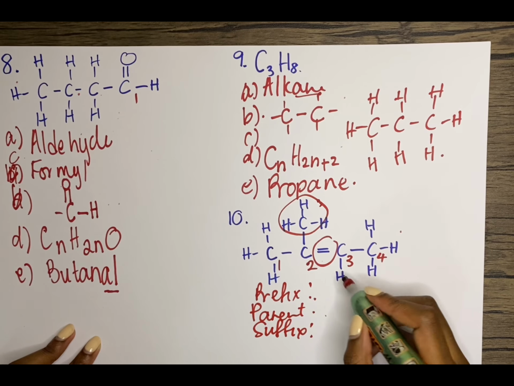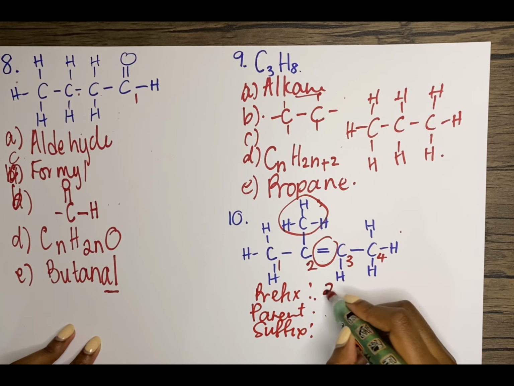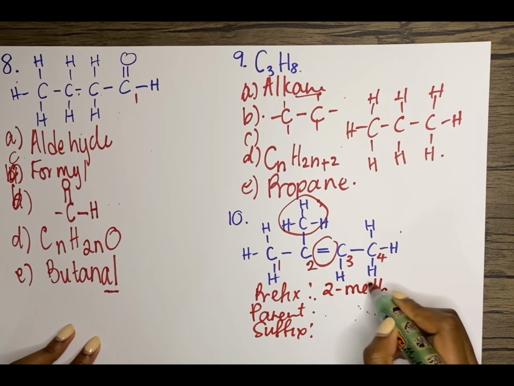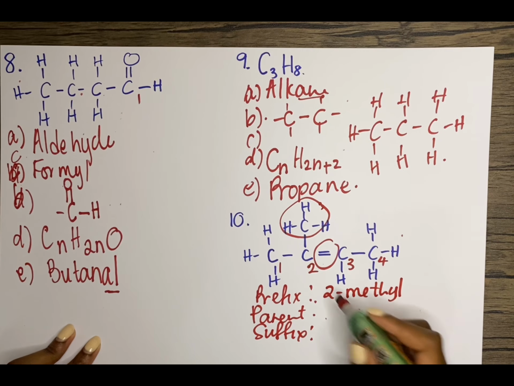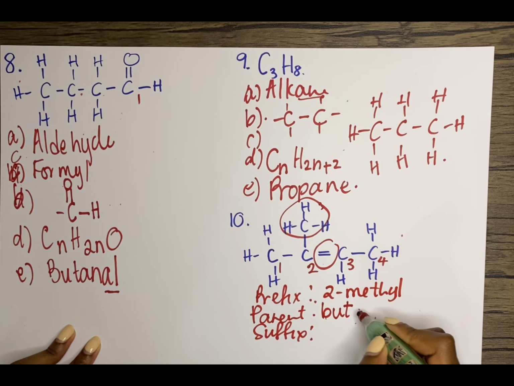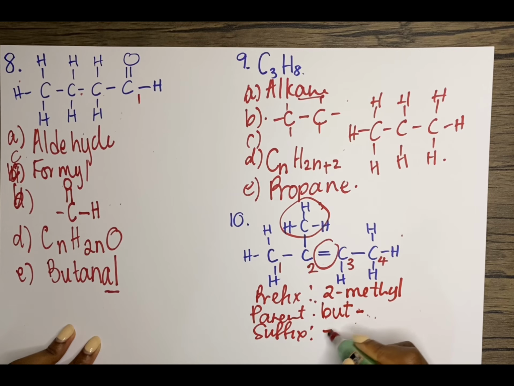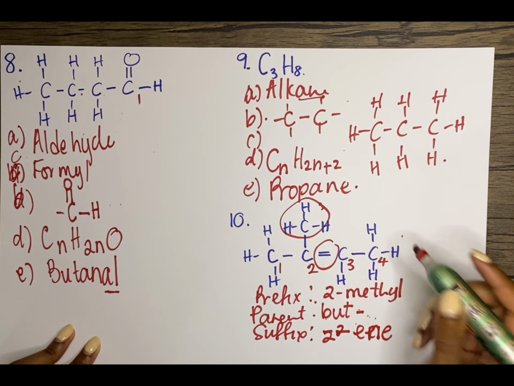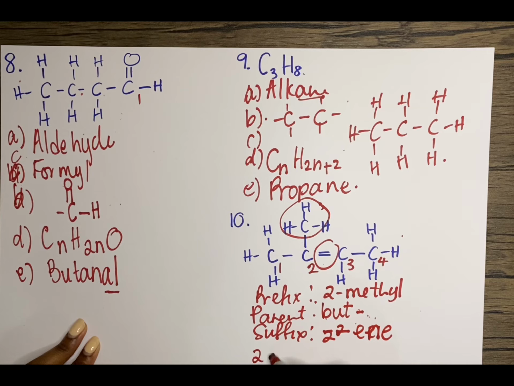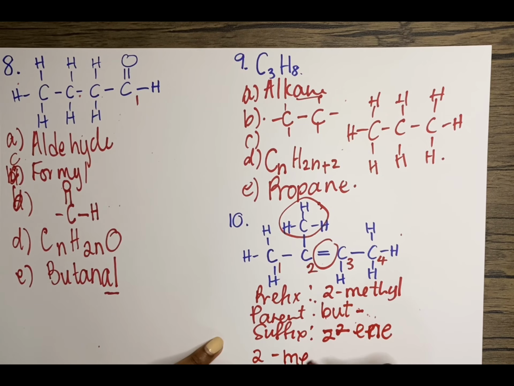My prefix would be the methyl in position 2, and then there would be but, my longest chain. The double bond is in position 2, and it's an alkene, right? So that's 2-methylbut-2-ene.